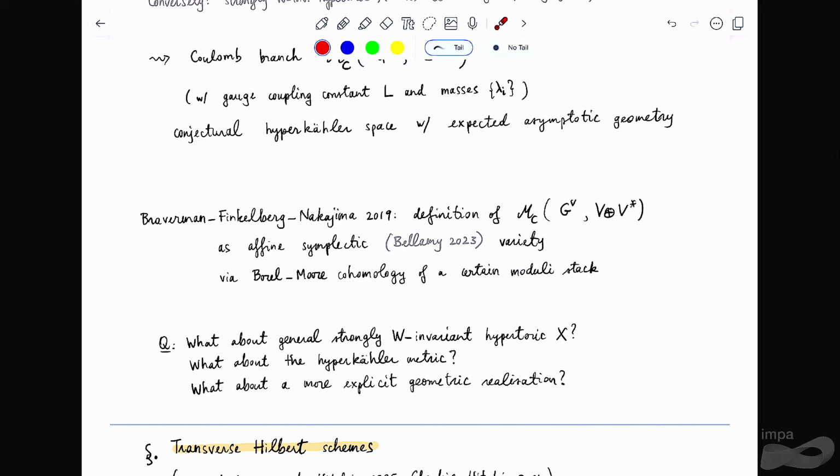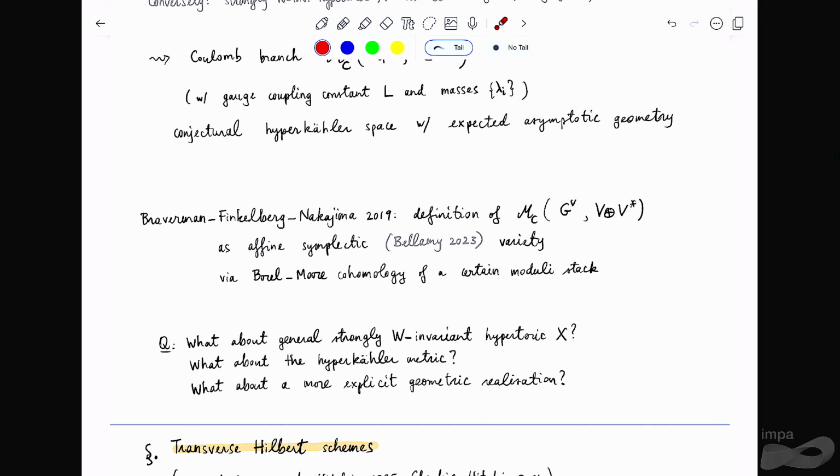There's some technical definition of what a symplectic variety is, and checking that the construction of Braverman, Finkelberg, and Nakajima satisfies it is a recent result of Bellamy. This construction is very algebraic. It goes through looking at a certain moduli stack and at some cohomology of this moduli stack, and taking Spec of this cohomology, so the cohomology of this moduli stack becomes the coordinate ring of this affine variety.